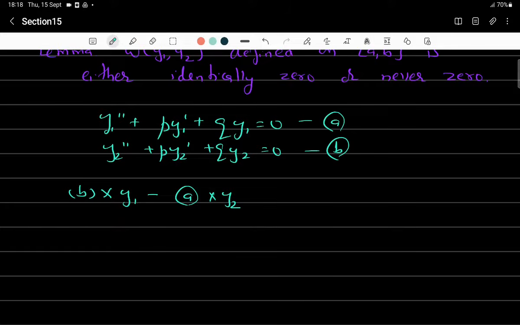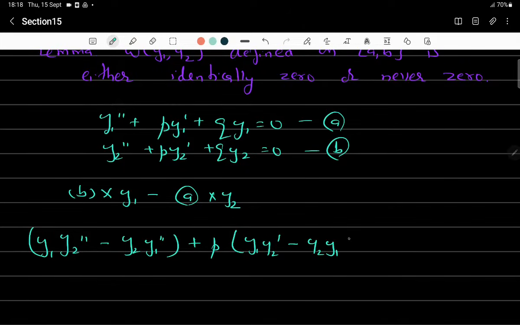Try to solve it. If you simplify it, then the first terms in both equations would give you y2 double dash y1 minus y2 y1 double dash. Then p times y1 y2 dash minus y2 y1 dash.